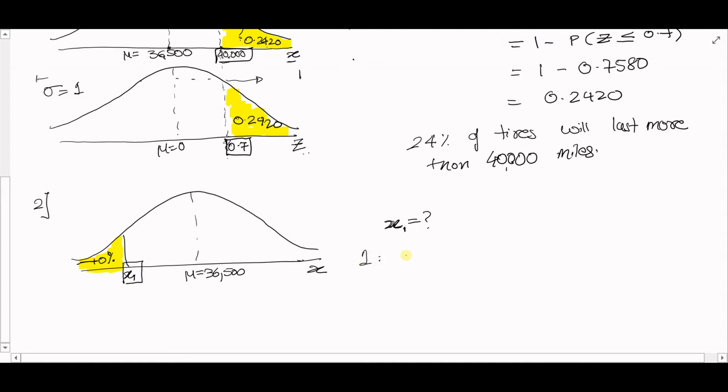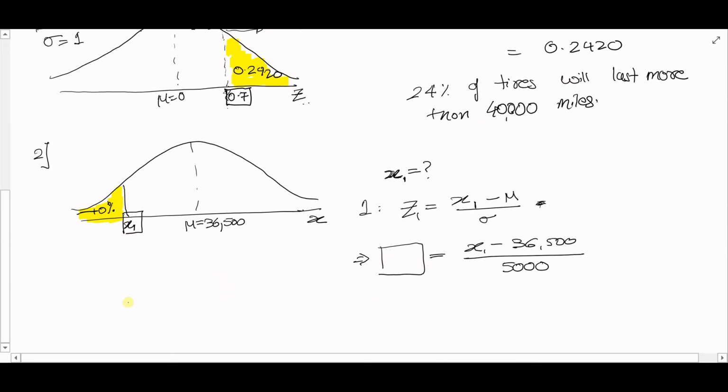Now we are not going to get z from x, but we are still going to use the same idea of getting z for some x1, for which we'll get some z1, and divided by standard deviation. We know that x1 we don't know, that's what we want to figure out. Mu is 36,500, sigma is 5,000, it's given to us. And what is this number?